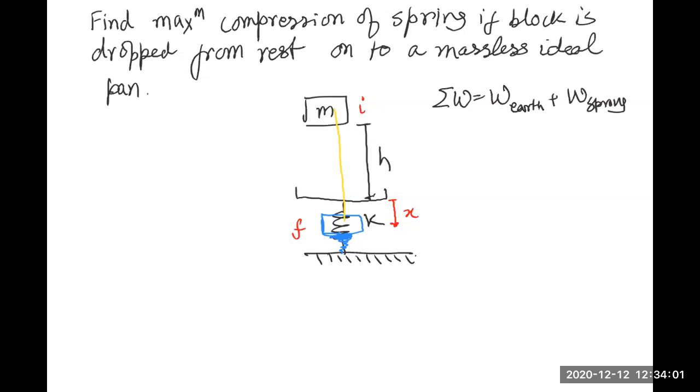Work done by Earth will be equal to plus mg(h plus x). That is the whole point. Work done by spring is half k (0 square minus x square), because massless आइडियल स्प्रिंग है ये. इसका मतलब स्प्रिंग का इनिशियल इलोंगेशन 0 होना चाहिए.